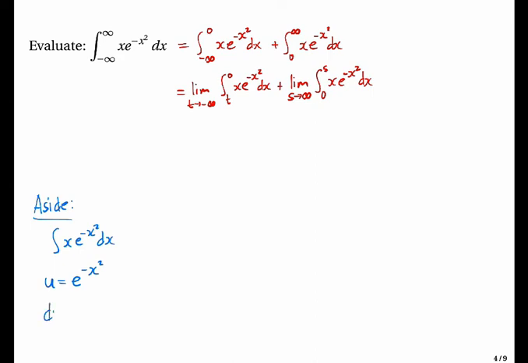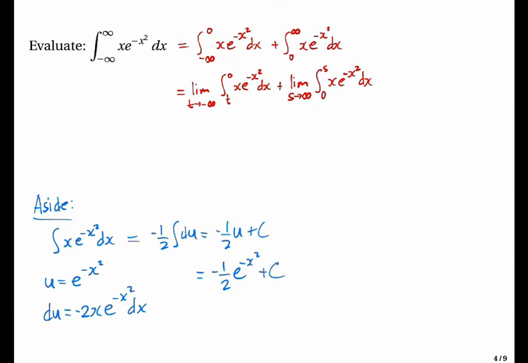And then du will be equal to minus 2x e to the minus x squared dx. So that this integral can now be written as negative 1/2 integral of du, and this is minus 1/2 u plus c, and therefore this is simply minus 1/2 e to the minus x squared plus c. So we now have an antiderivative.